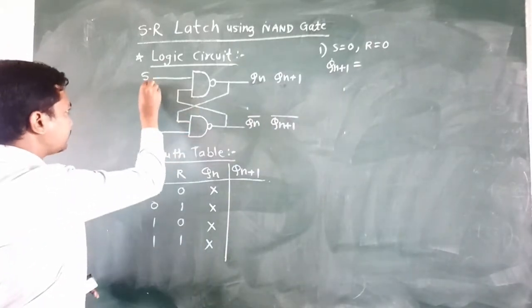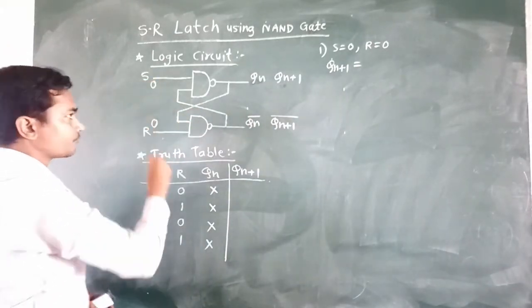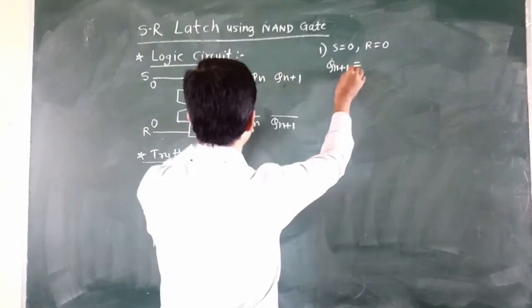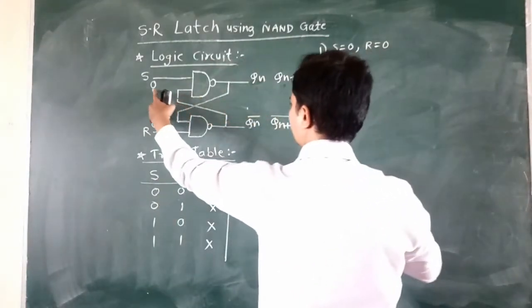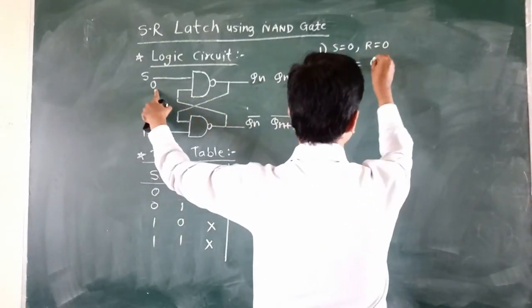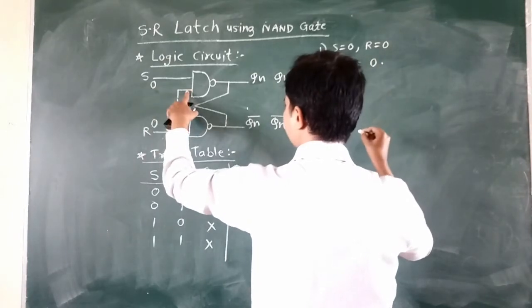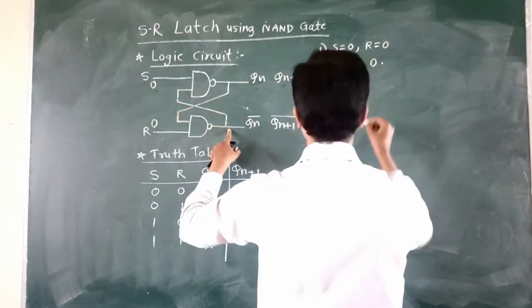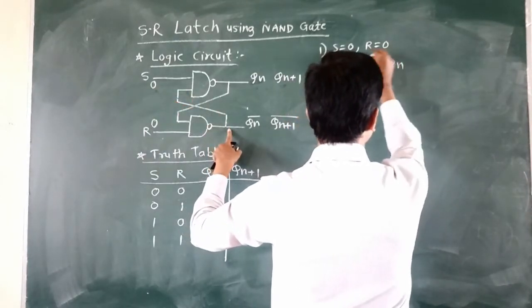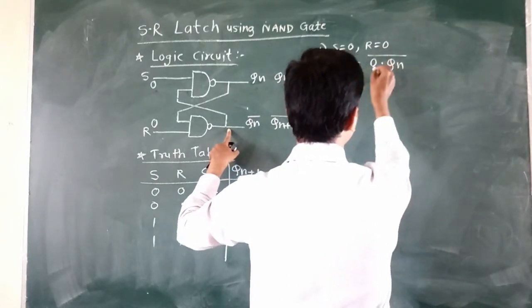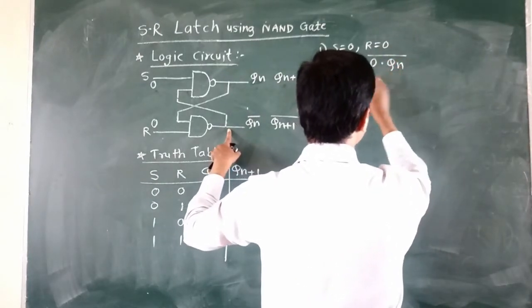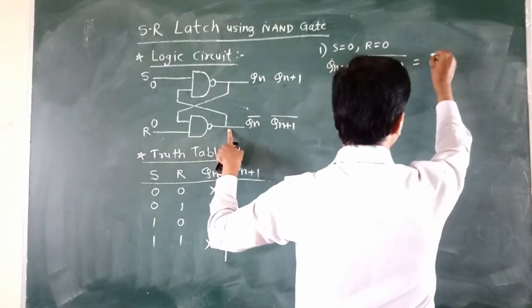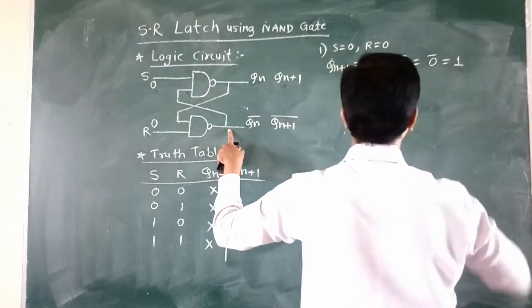When S equal to 0, Qn plus 1 will be 0 dot, and this input is Qn bar. 0 dot anything is 0, then 0 bar, so I'll write here 0 bar. 0 bar means 1.